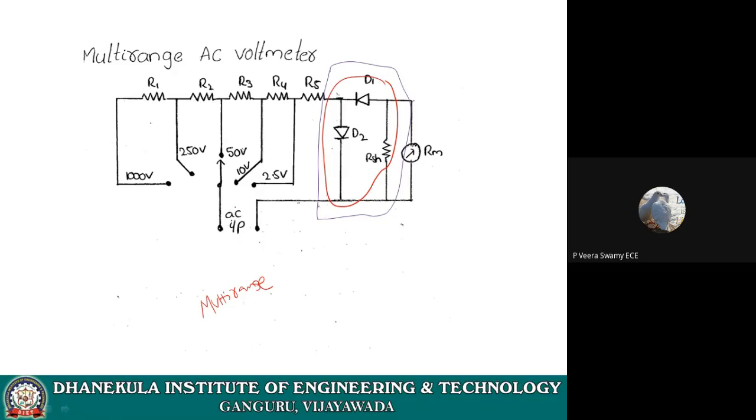Here, instead of AC, if we apply DC, it is a multi-range DC voltmeter. Here I am applying AC. This rectifier circuit is used to convert AC to DC. For example, here I am applying 10 volts. The 10 volts AC is converted by the rectifier to 10 volts DC.